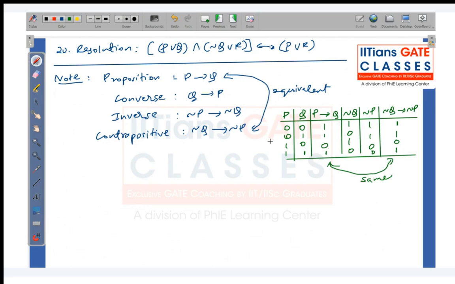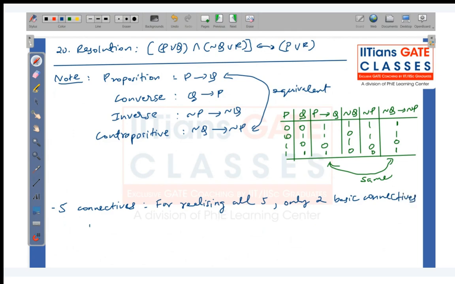And one other thing I'll say, we have 5 connectives, right? For realizing all 5, only 2 basic connectives are needed. You can either take negation and conjunction, or negation and disjunction.